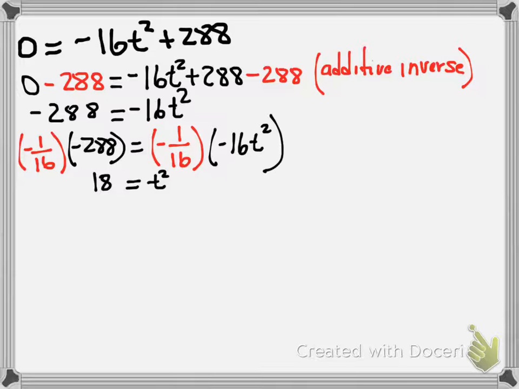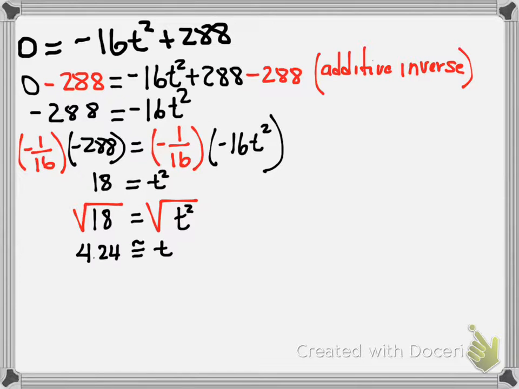But ladies and gentlemen, we do not wish to have t squared because we want t by itself. And to do that at this point, we take the square root of both sides of the equation. The square root is to get rid of the exponent 2.